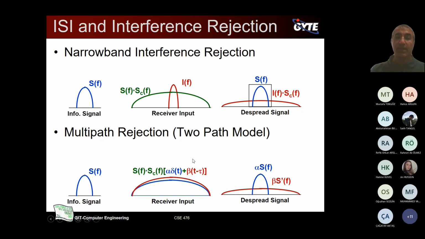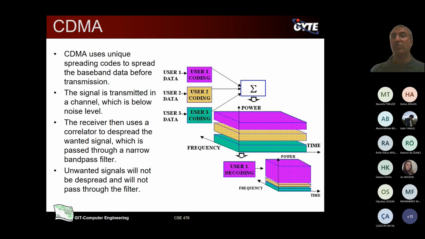We utilize the same technology for multipath rejection. As you see, this is my blue first path, and the red one is the second path. When I multiply with the same code, my intended path is sticking out, and the second path is dispersed. This technology was originally developed for military applications, but later on it was utilized by CDMA, which is the core technology for 3G.